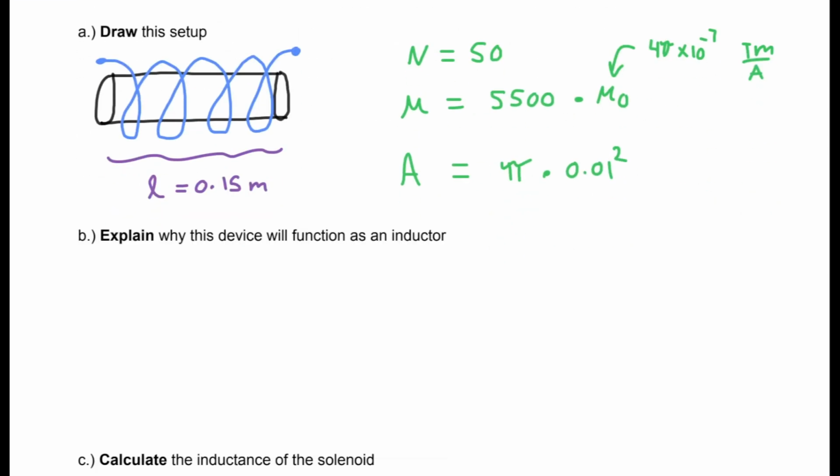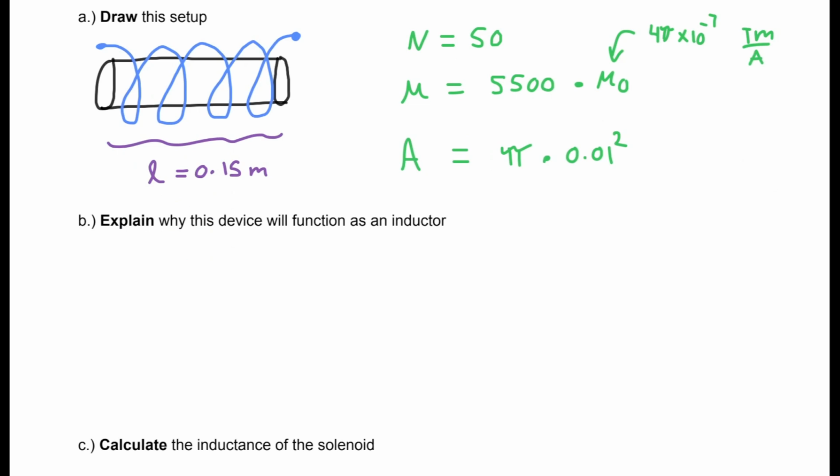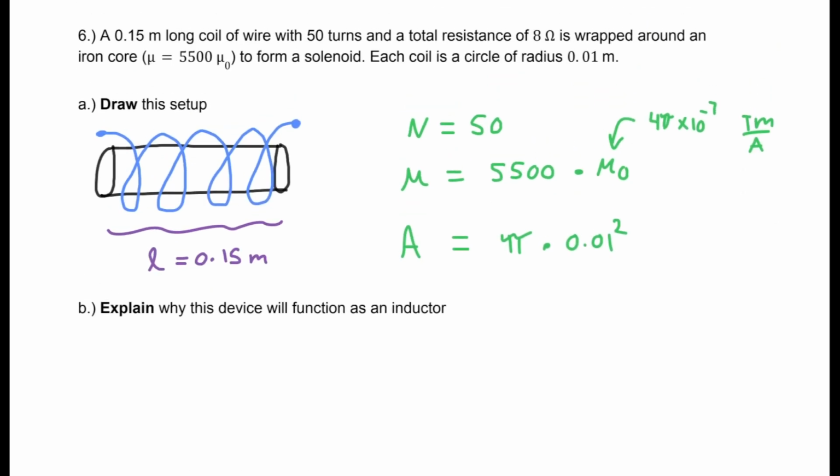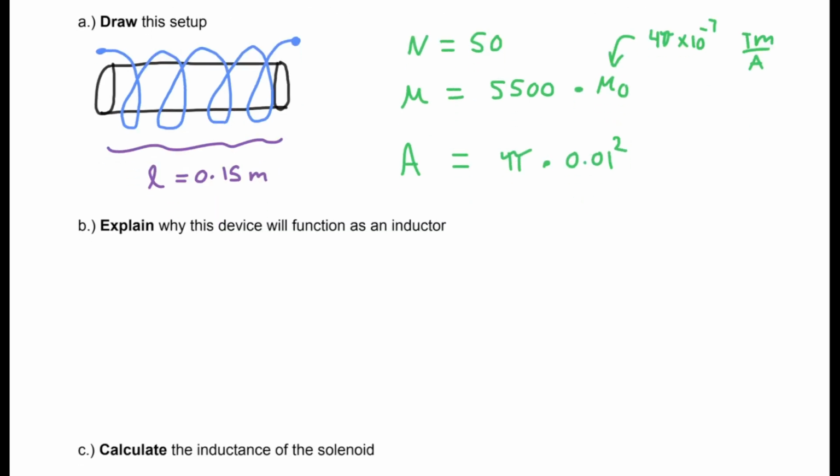All right, so explain why this device will function as an inductor. Well, we said that a series of coils is the quintessential example of an inductor, and that's just because solenoids are great at confining magnetic fields. So you can get very large magnetic flux values through this coil, and therefore it will resist a flux change via Lenz's law.